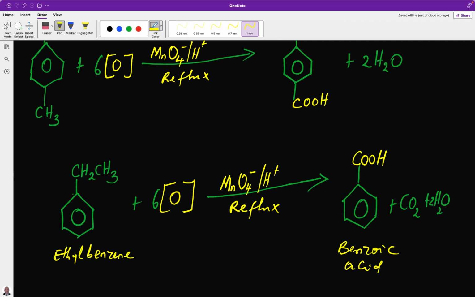Then the other carbon atom is converted to carbon dioxide. Even if it was a propyl group here, only one acid group is produced, then the other ones will be converted to carbon dioxide and water. That is what happens.